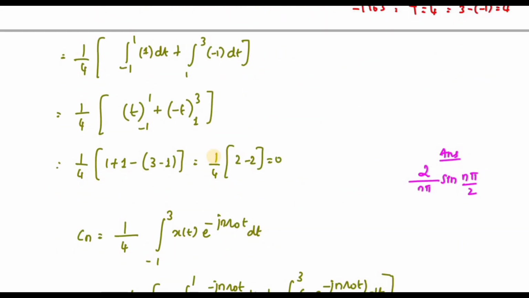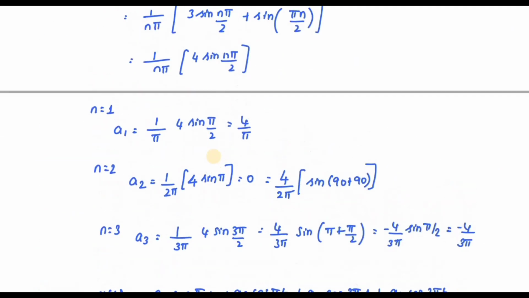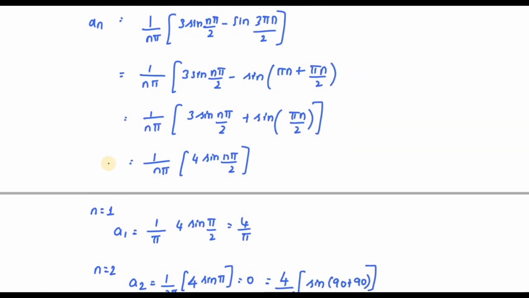So what is the An value? This is your An value. So An value is 1 divided by n pi into 4 sine n pi by 2. So if it is divided by 2, I get 2 divided by n pi into sine n pi by 2.